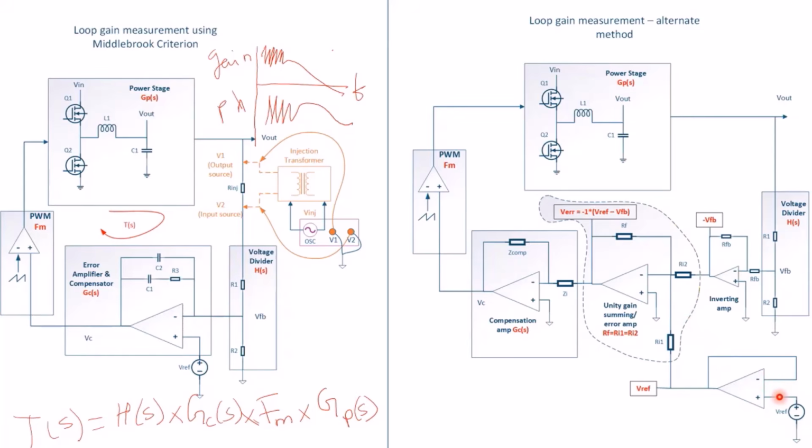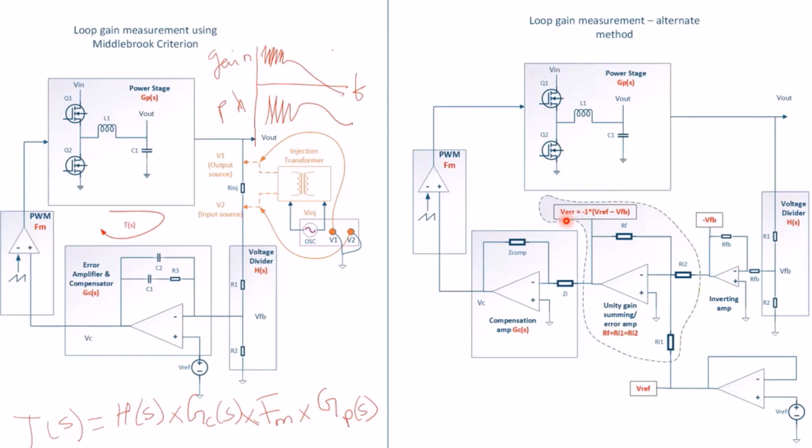My reference signal comes in through a buffer amplifier here and this signal goes into the summing amplifier's inverting terminal. So I have two signals going to the inverting terminal of the summing amplifier, V reference and minus V feedback, and the output is minus 1 times V reference minus V feedback.